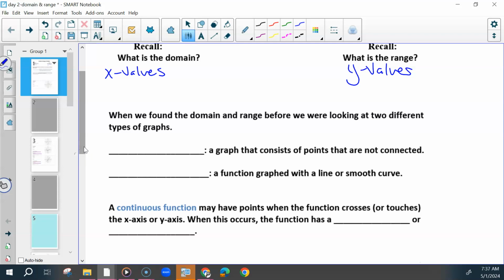When we talk about domain and range here, there'll be two different types of graphs. One will be discrete, and those will be just random points on a graph. So they're not connected, they're just random ordered pair points.